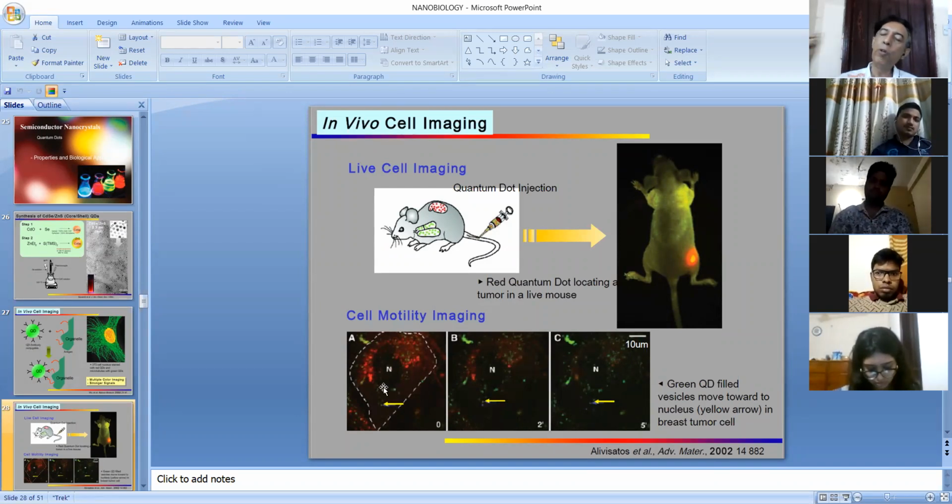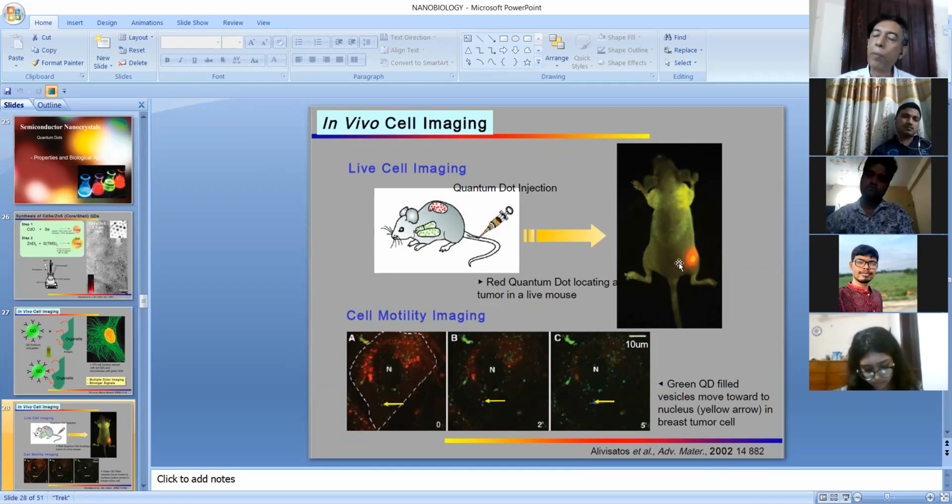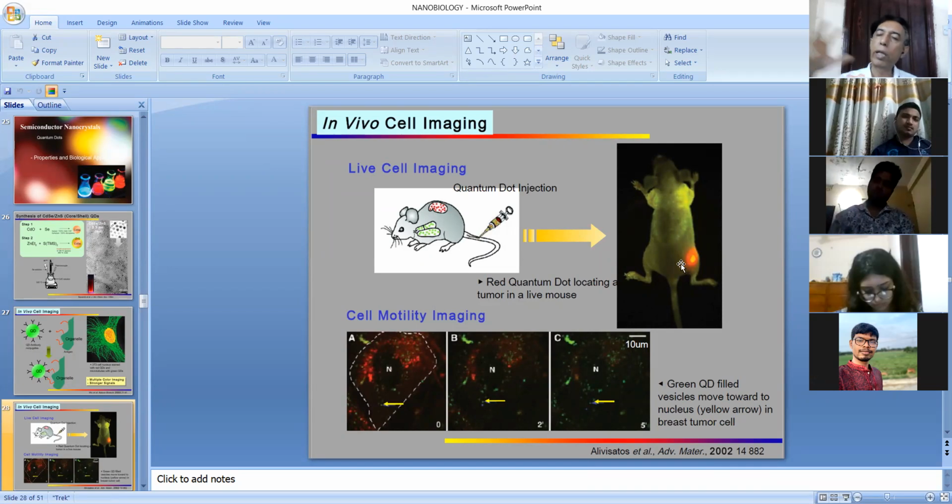And if you give infrared radiation on the body, then only from that portion light will be emitted, and you can detect this portion by some sort of imaging machine, and you can detect the position of the tumor.